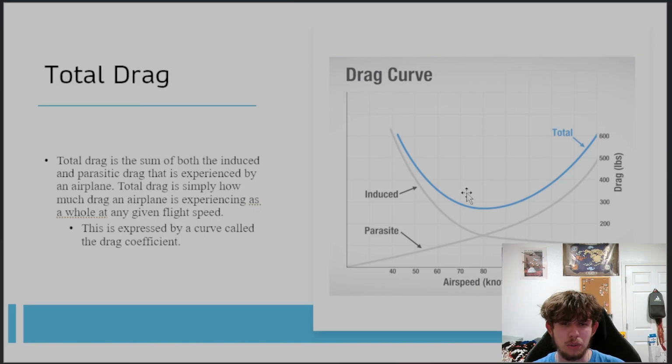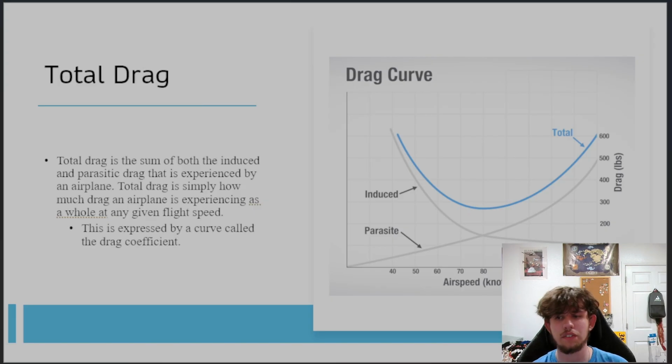Which brings us to our drag curve. Total drag is the sum of both the induced drag and the parasitic drag on an aircraft for any given airspeed, and is expressed as pounds. Drag itself is expressed as pounds.